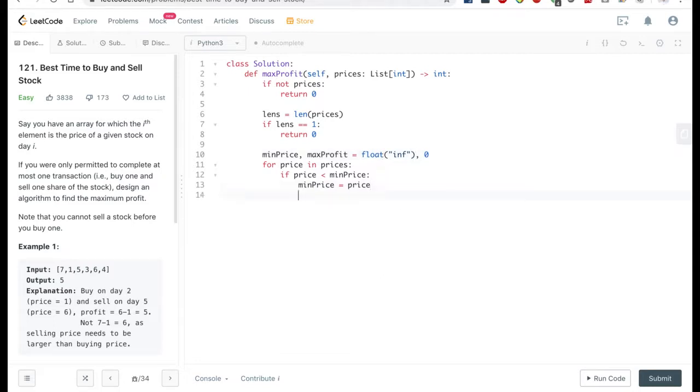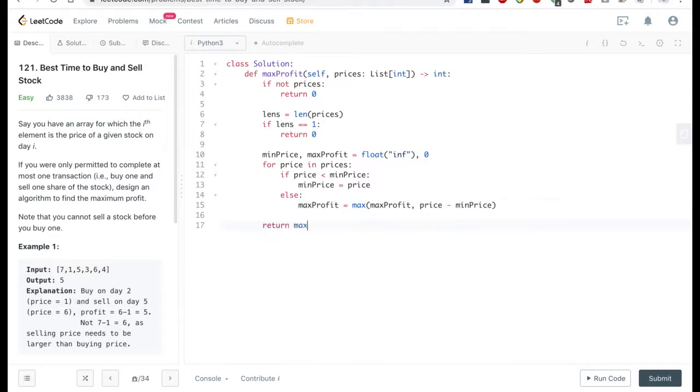Else we should update the max profit, max of max profit and the price we sell minus the minimum price, which is the price we buy it.